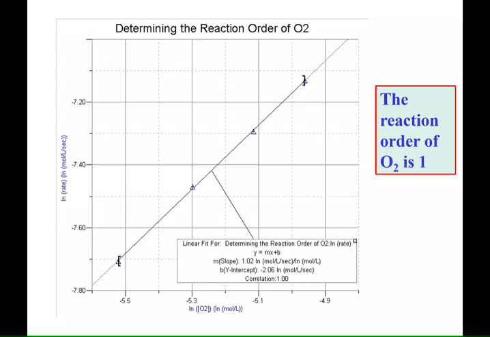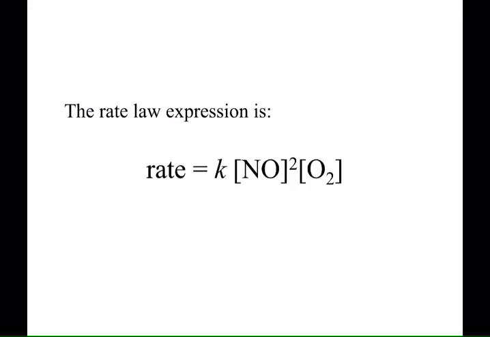So now we can go back to our generic rate law expression and go ahead and substitute a 2 for M and a 1 for N. So our rate law expression, to me, if somebody asks for you to come up with the rate law expression, they don't necessarily want a value of K there. They just want you to throw in the K, but they want you to come up with your reaction orders. Okay?